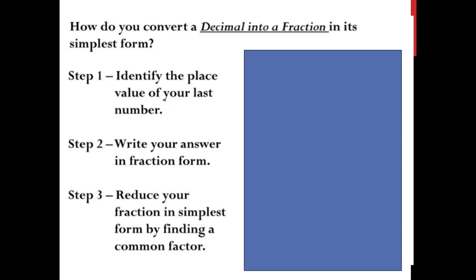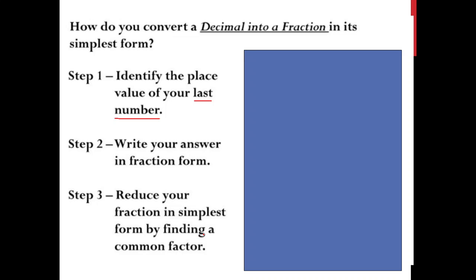Take note, last number here. Next, step 2, write your answer in fraction form using the fraction bar. Next, step 3, reduce your fraction to simplest form by finding the common factor.